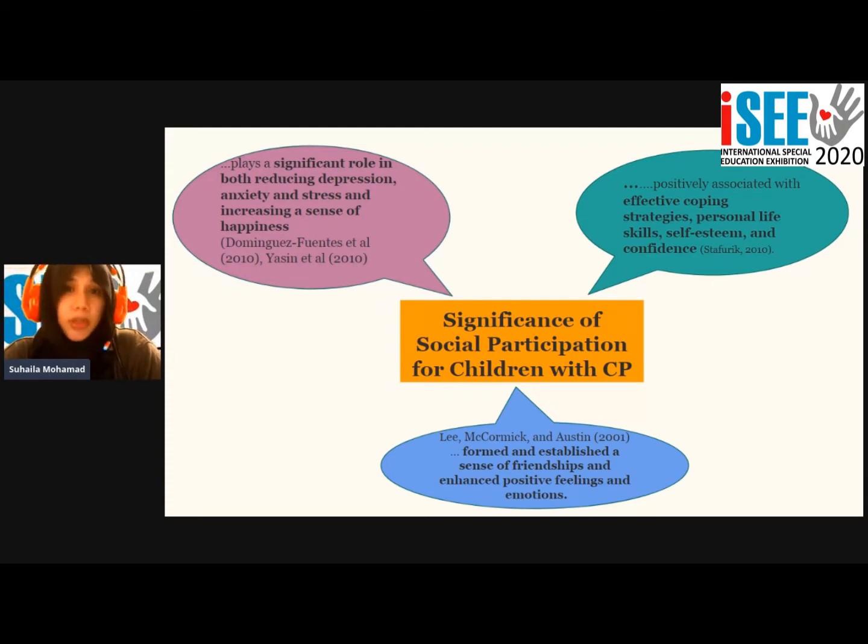Thus, the purpose of this study was to investigate the relationships between ADB for social participation of children with CP. The study was guided by the following hypothesis, which is ADB has a direct positive effect on social participation for children with CP.